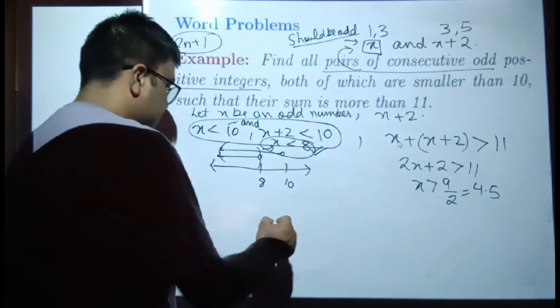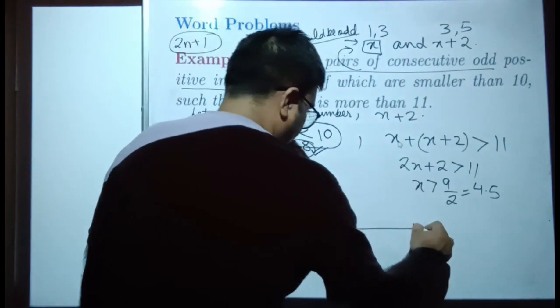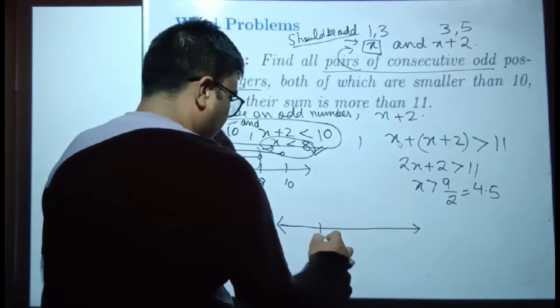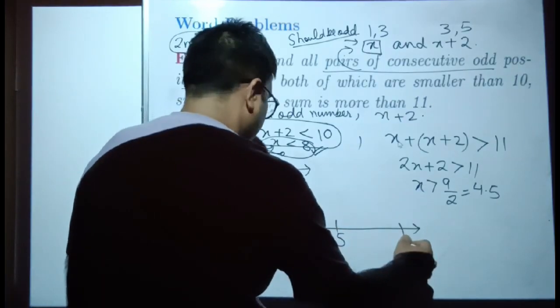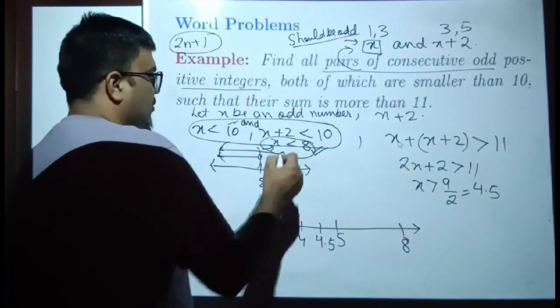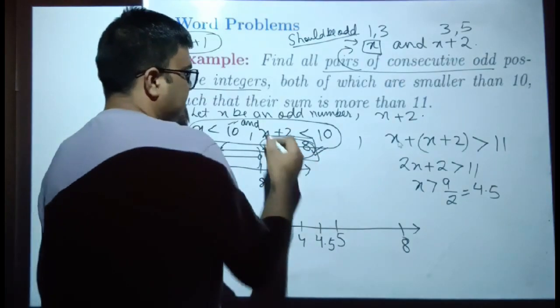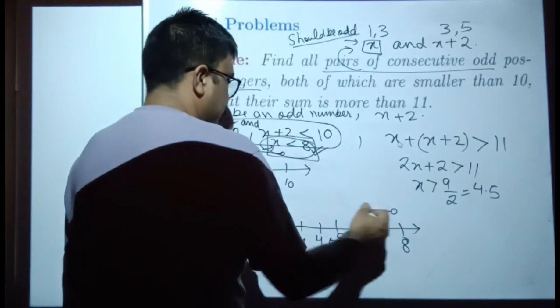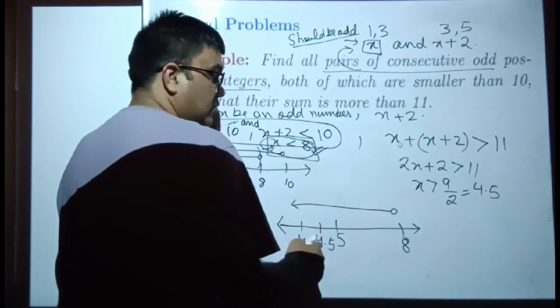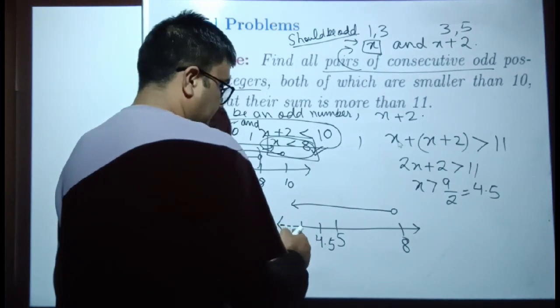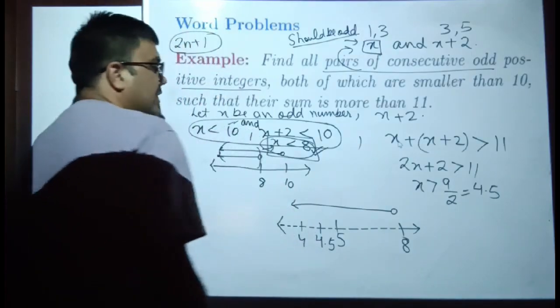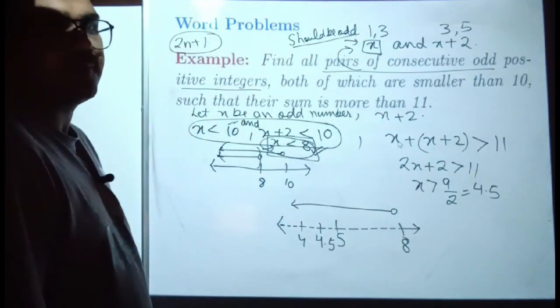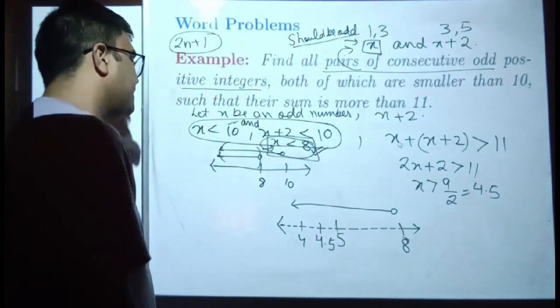Now plot these over here. This is 4.5, this is 4, this is 5, and this is 8. From this condition we have x is less than 8. We are talking about only the natural numbers, so you can plot this line as a broken line because we are interested in only the natural numbers.